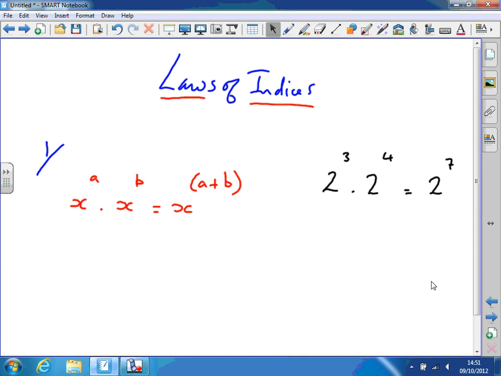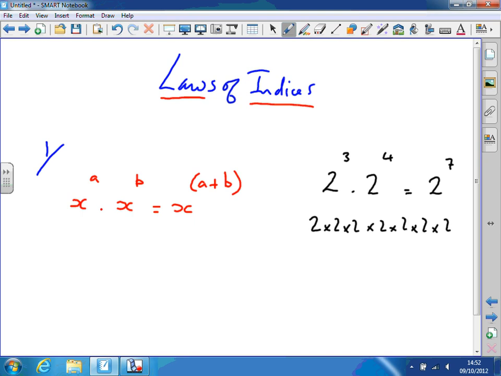If you look at this law, it only works if the base is the same, and you can see that in the example. It only works if the base number, which is 2, is the same in both of these. So 2 to the power 3 means 2 times 2 times 2. And 2 to the power 4 means another times 2, 4 times.